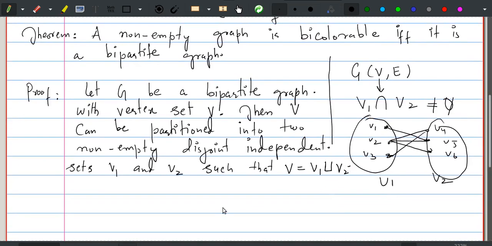Now what we will do, we'll assign one color to V1 and another color to V2.